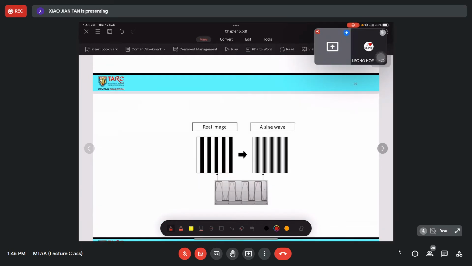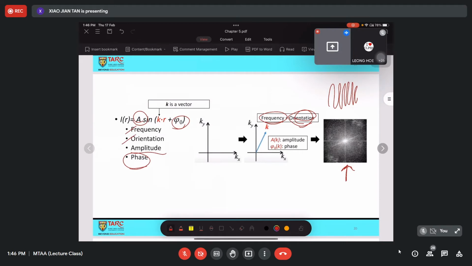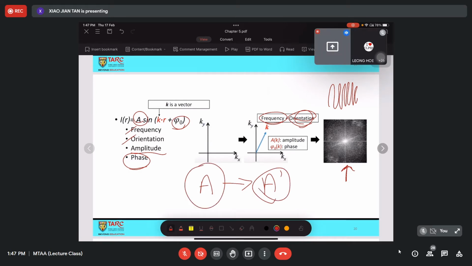Anyhow, the Fourier transform is not exactly the real image. For example, you have the original image A, then you Fourier transform it to become A prime, okay? A prime is actually just an estimation of A, because you can never get A back. You are just converting the original image to something else.